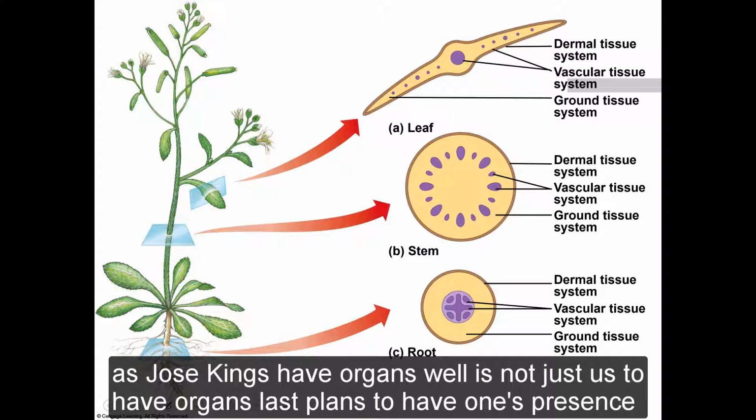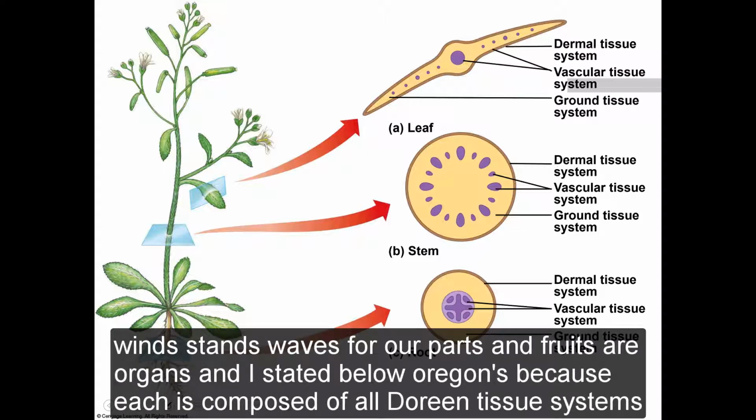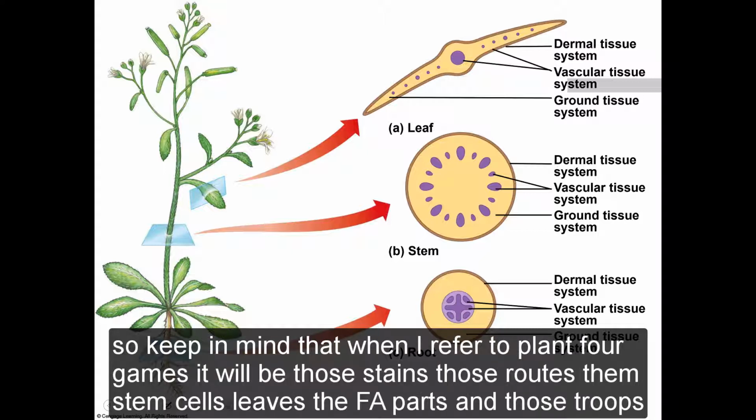For instance, roots, stems, leaves, flower parts, and fruits are organs. And I say that they are organs because each is composed of all three tissue systems. So keep in mind that when I refer to plant organs, it would be those things: those roots, those stems, those leaves, the flower parts, and those fruits.